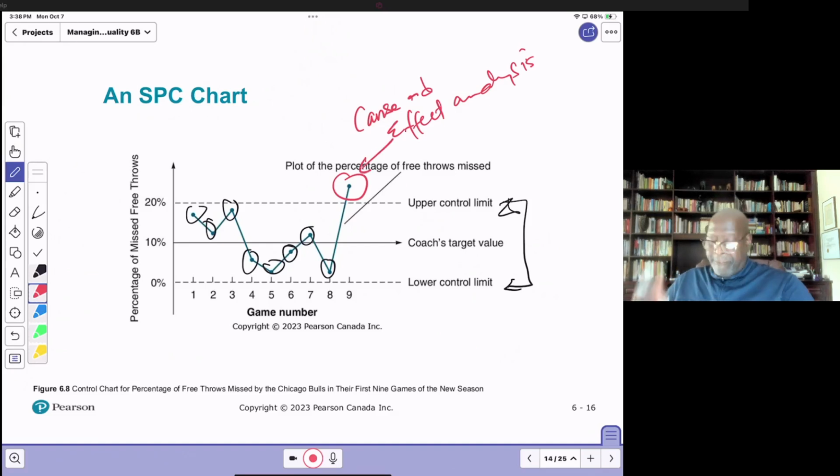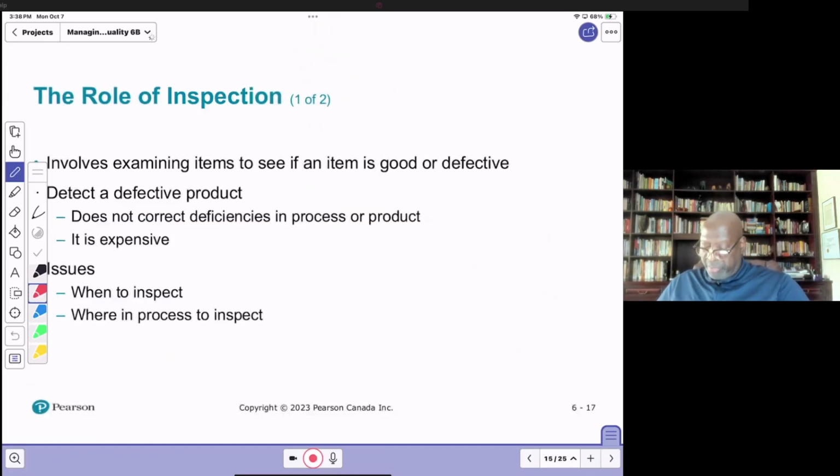All right? And then we use the Ishikawa diagram that you saw on the last page. The role of inspection. So inspection plays an important role in quality management in that it gives us data, of course, and then it allows us to determine whether or not we believe a product is defective or not. So it involves examining items to see if a product or good or service is good or defective.